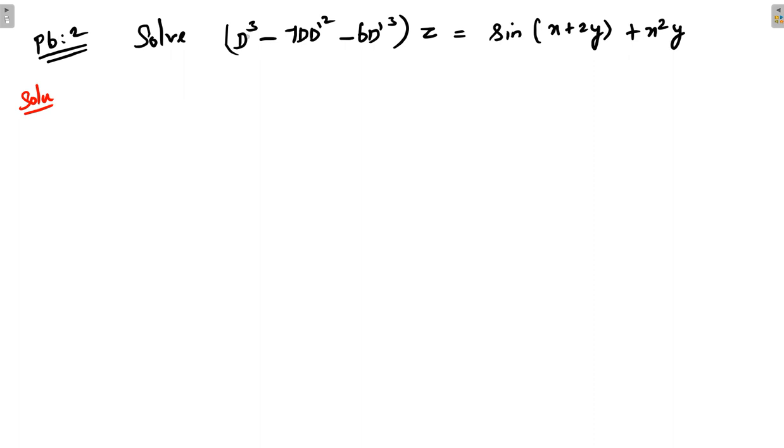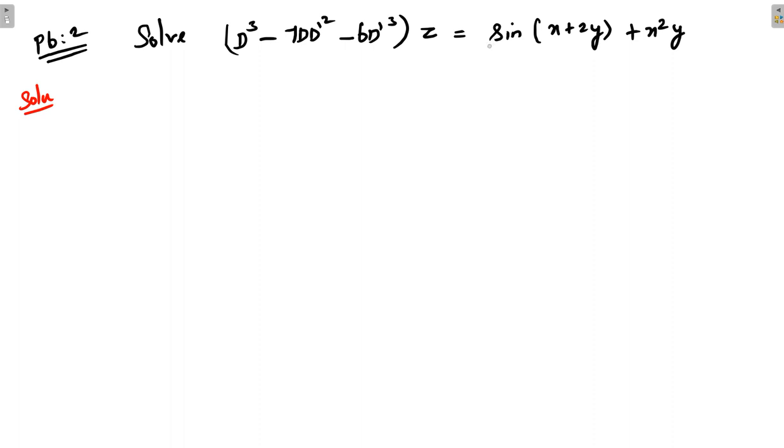So here the order of first term is 3. The order of second term is also 3. That means 1 plus 2, 1 plus 2 equal to 3. The order of third term is 3. So from that we can clarify this partial differential equation is homogeneous.